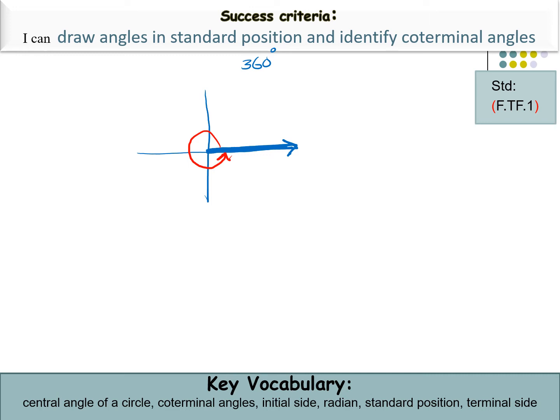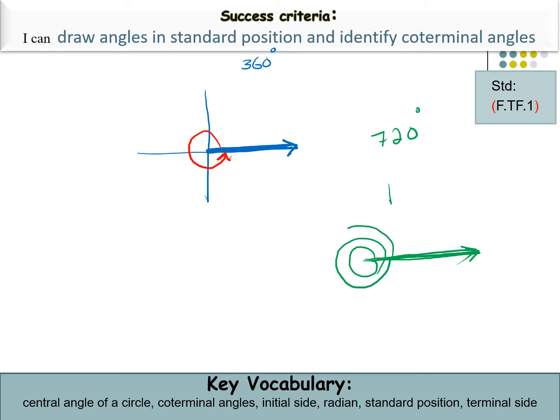Say you want to draw 720 degrees. One rotation you came, and both the rays are over each other. But first you come to the terminal side and one rotation is done, then again you rotate one more time, so it is two rotations, which is 720 degrees.